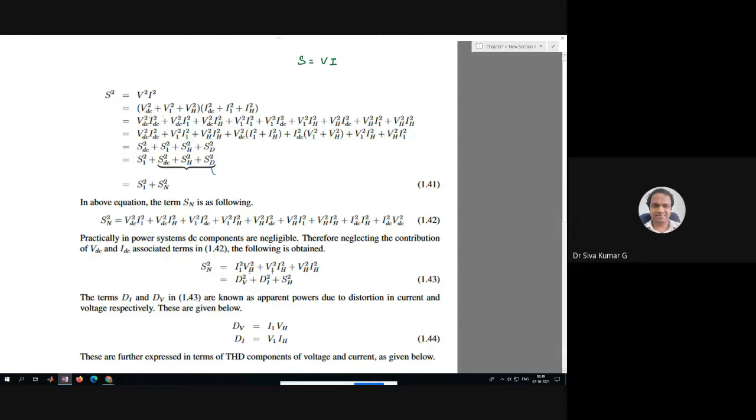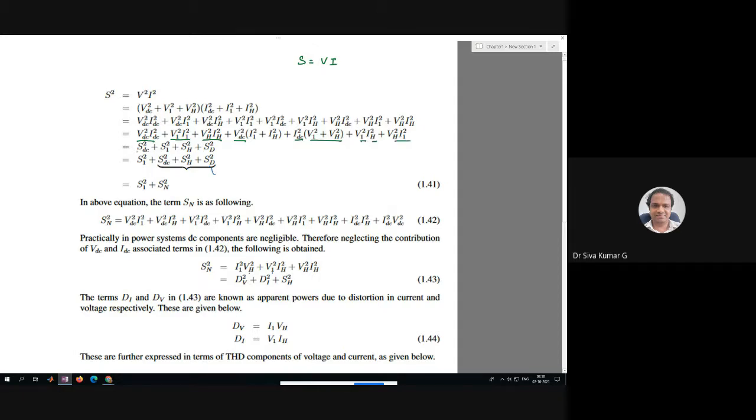Again, VDC square plus V1 square plus VH square, times IDC square plus I1 square plus IH square. Then you can multiply term wise, and we get this: the fundamental voltage and fundamental current, and then the harmonic voltage and harmonic current. Then VDC square is multiplied with I1 square plus IH square, and IDC square is multiplied with V1 square and VH square.